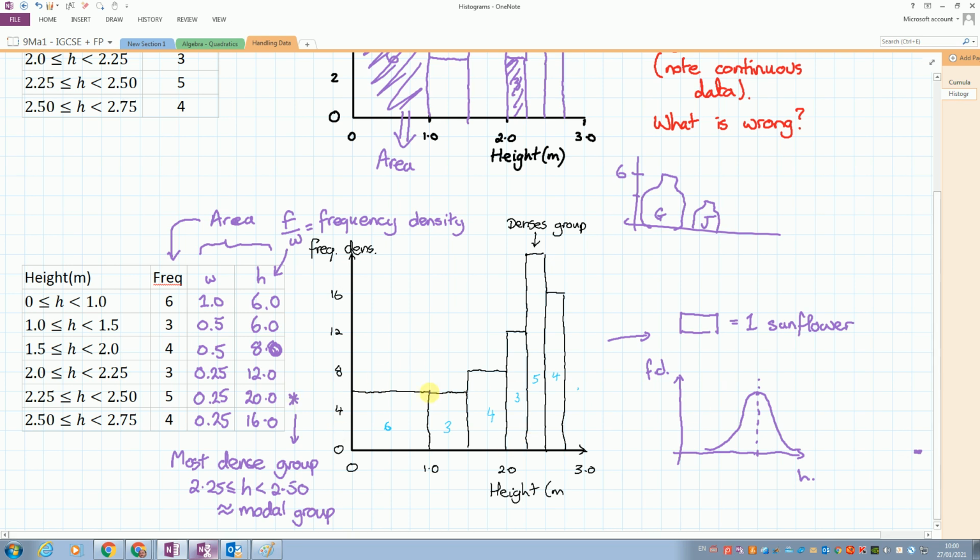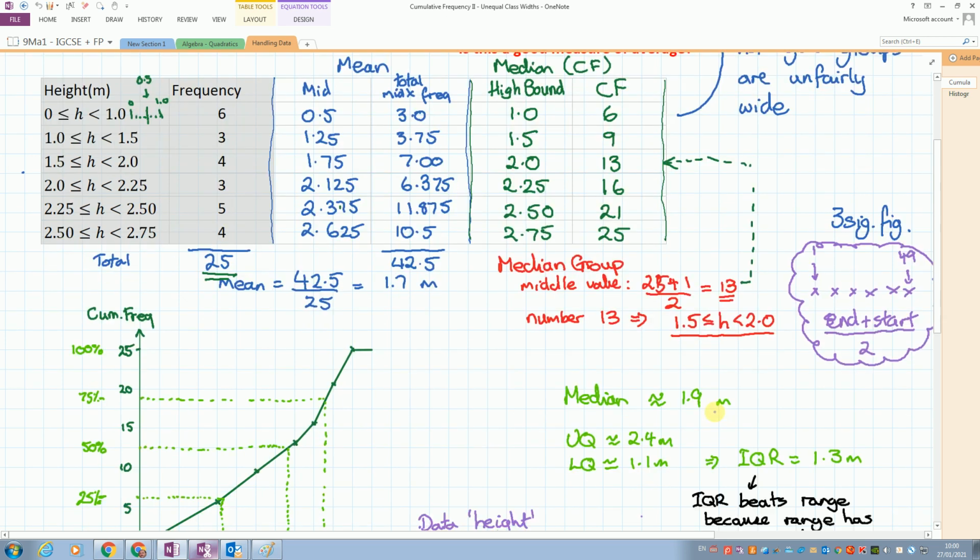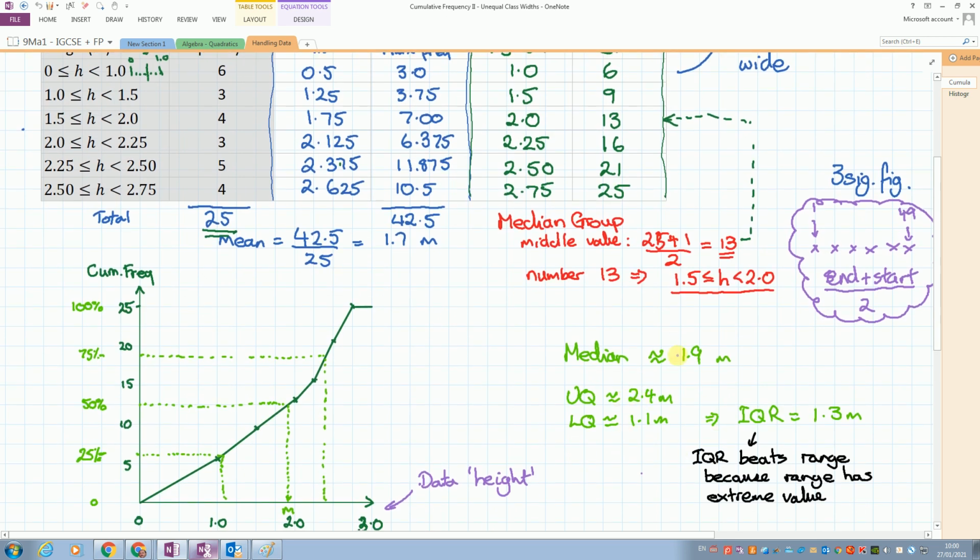So what we normally get is a section where this is the normal world. We've got some extremely small ones, we get some extremely large ones, but most things are in the middle somewhere. And this middle value, 2.25 to 2.5, actually starts agreeing a lot more with our mean. Where did I put the mean? Our mean was about just under 2. Our median was about 1.9, just under 2.